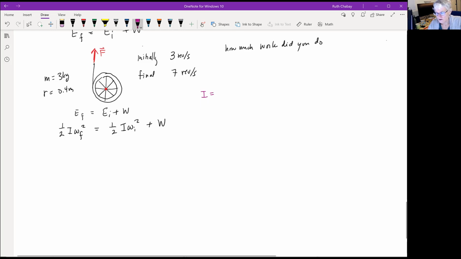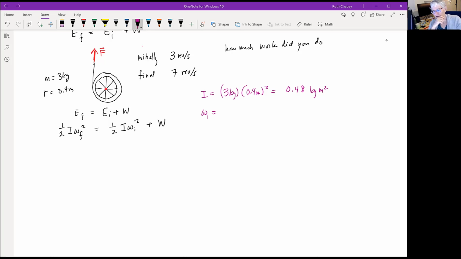So the moment of inertia is 3 kilograms times 0.4 meters squared, which gives us 0.48 kilogram meters squared.